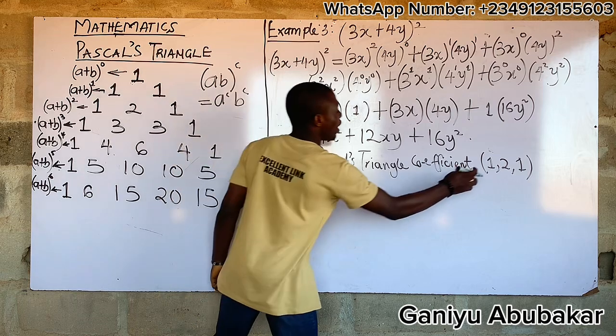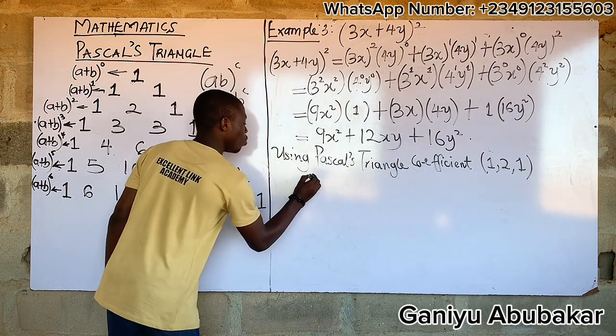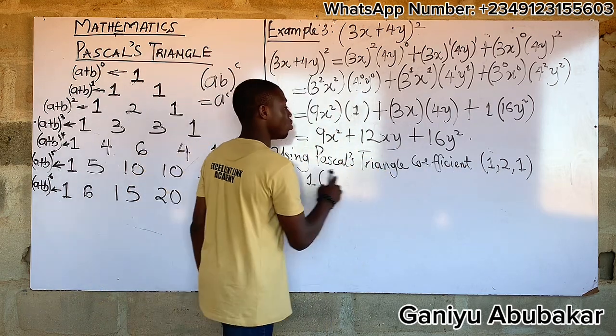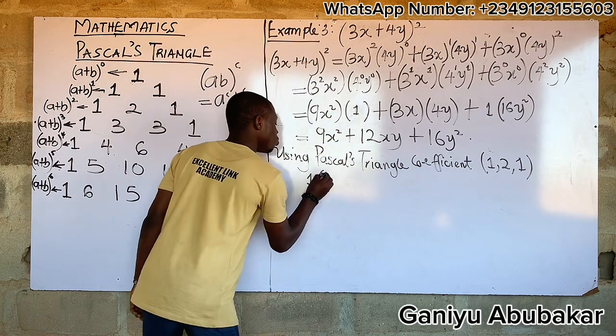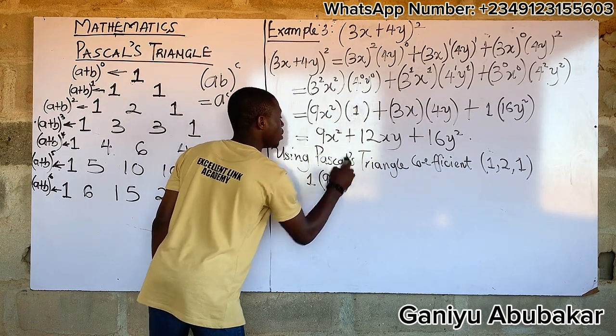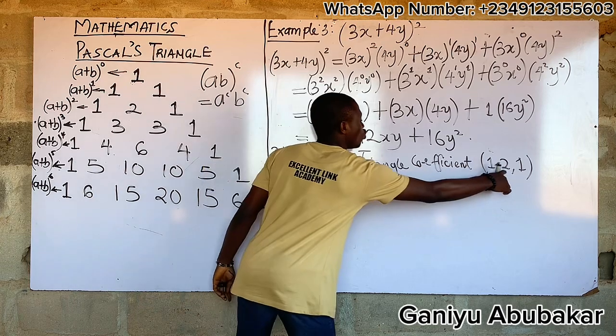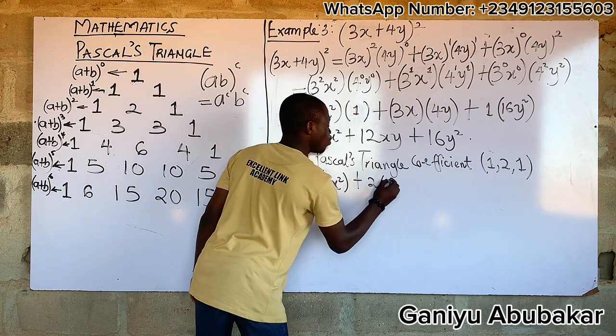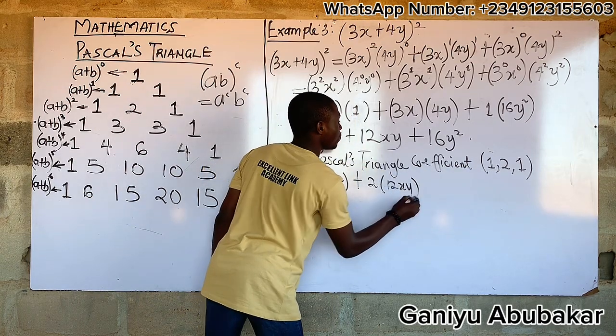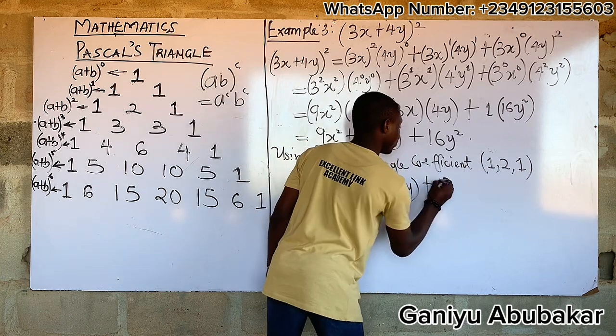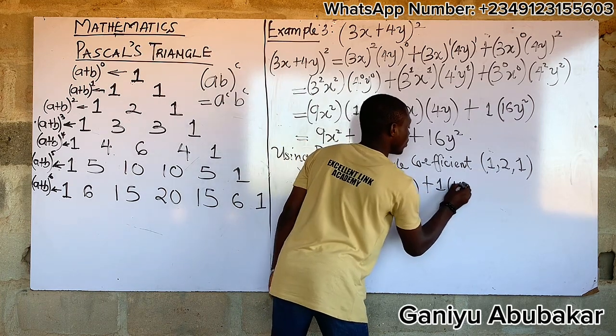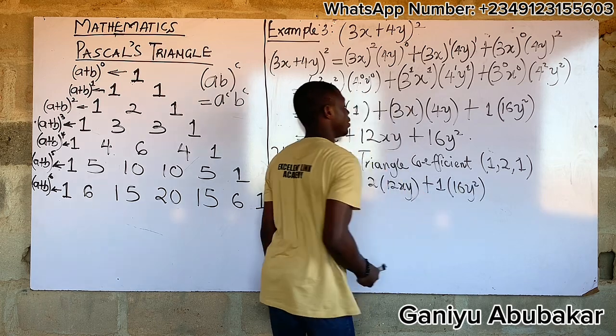So we said combine each of them with it. I'll have 1, start with this 1, which is 1 here, into 9x squared plus, this is 2, into 12xy plus, this is 1, into 16y squared.